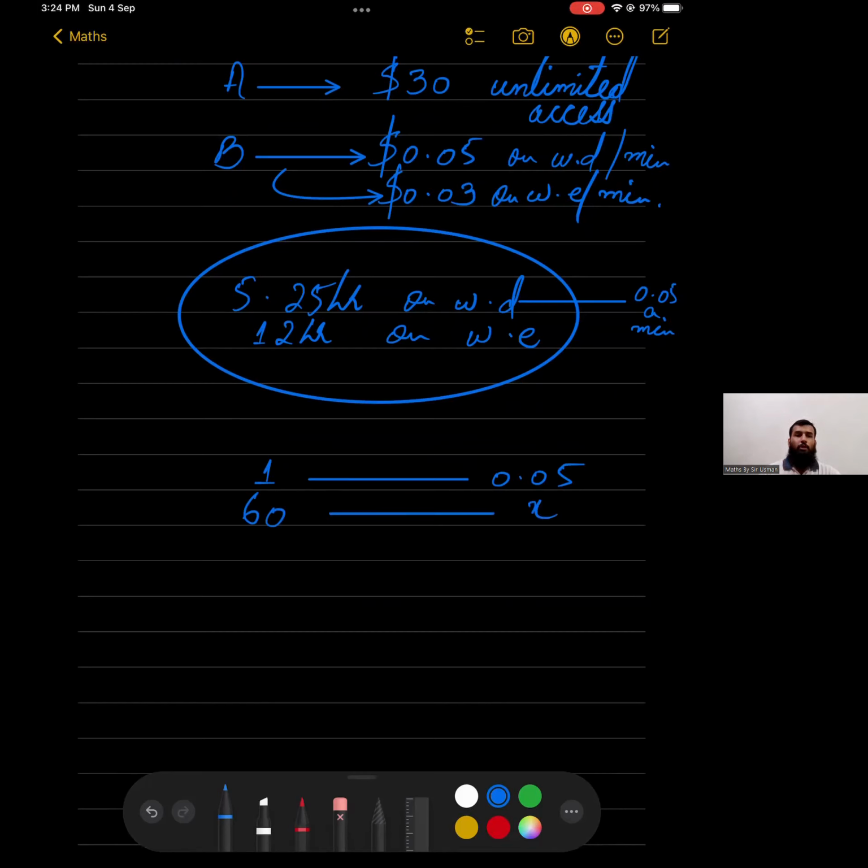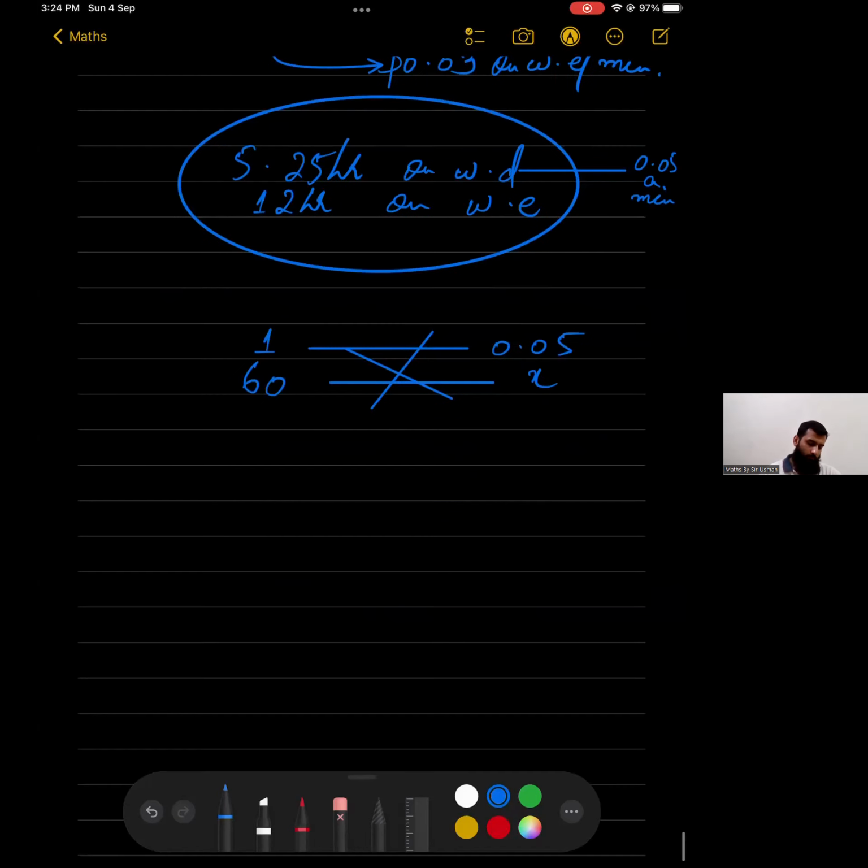Can anyone of you do this and tell me the answer? You just need to cross multiply 0.05 with 60. Okay, so we have got $3 over here.